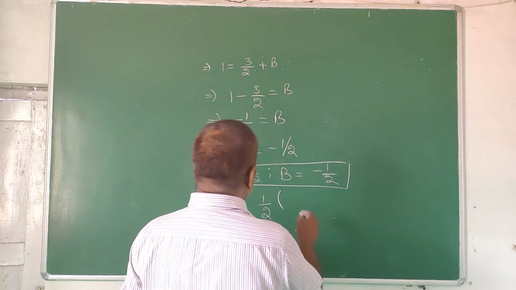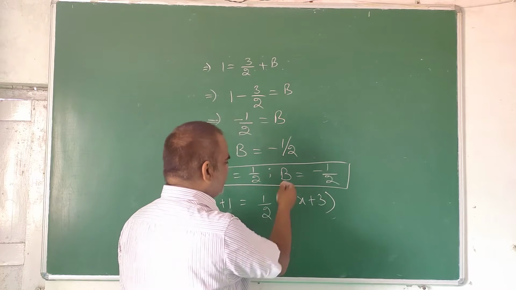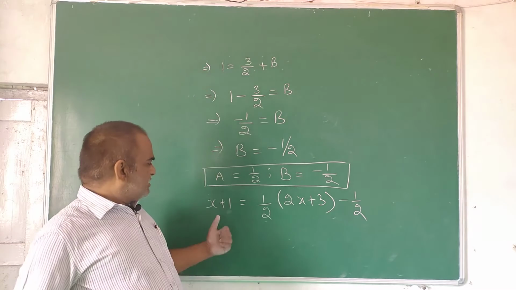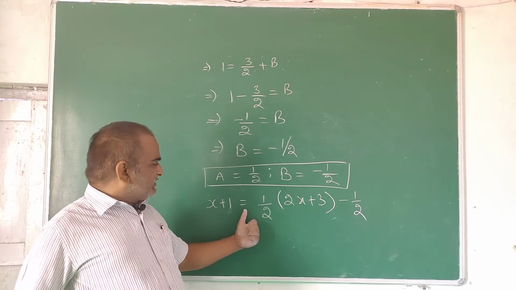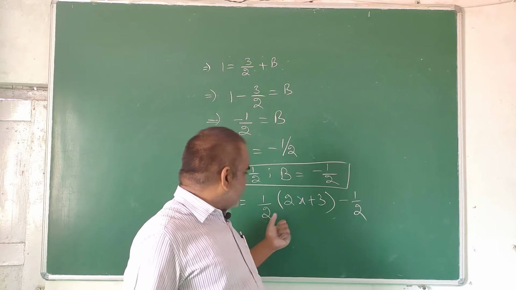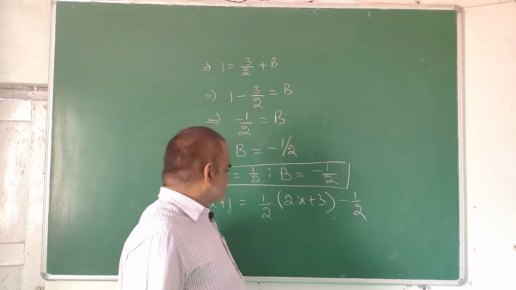So 1 by 2 into 2x plus 3 plus b, which is minus 1 by 2. So our x plus 1 in a new form is 1 by 2 into 2x plus 3 minus 1 by 2. Right.